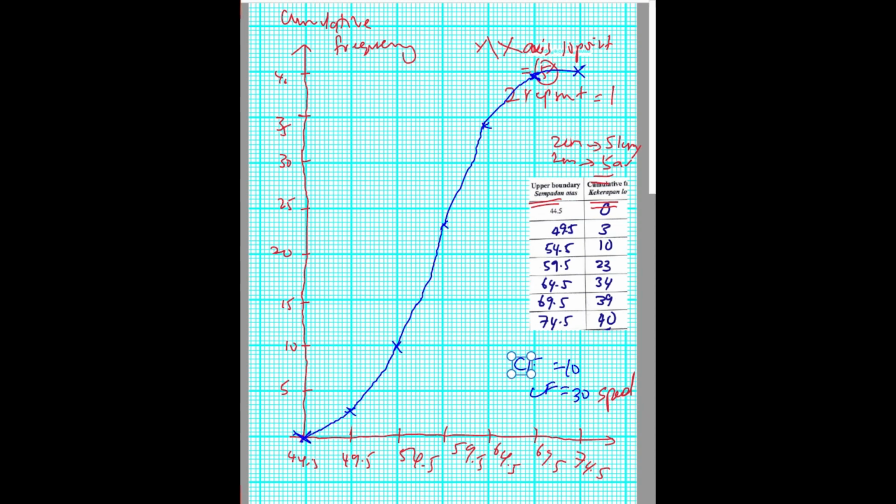So maybe use this color. For 10, you pull from the graph. You see here this is 10, and you get 54.5.